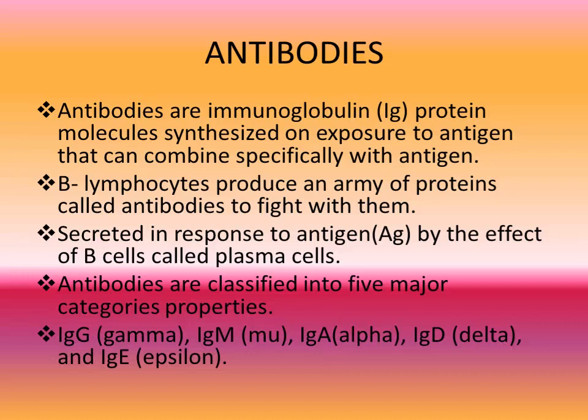So B lymphocytes do not fight directly. They produce an army of antibodies. That is called immunoglobulin. Okay. Antibodies are classified into 5 different types: IgG, IgM, IgA, IgD, and IgE.